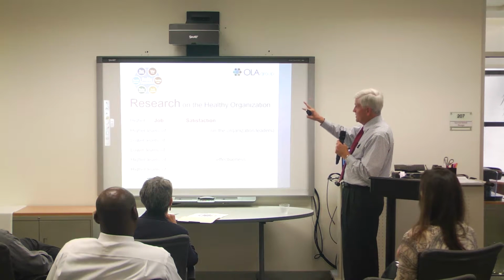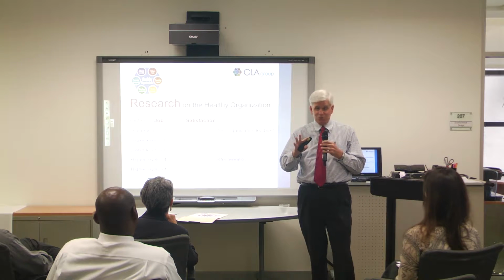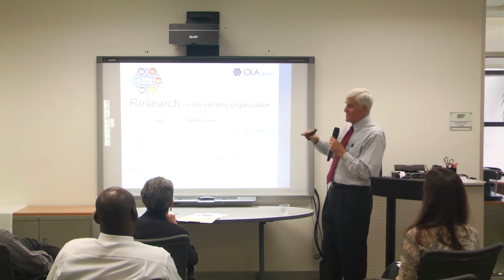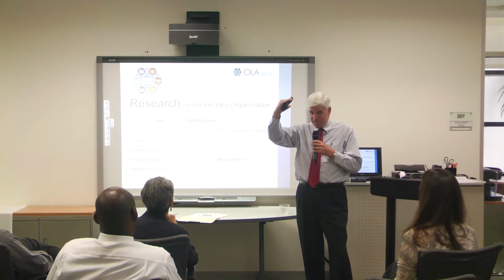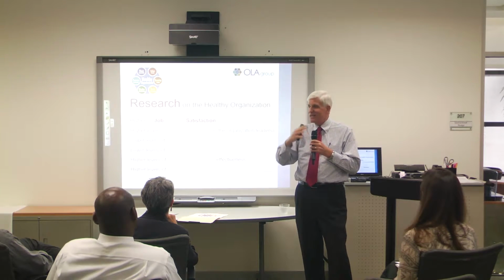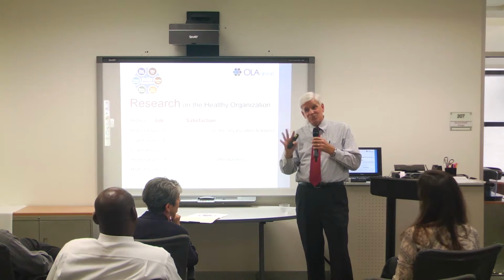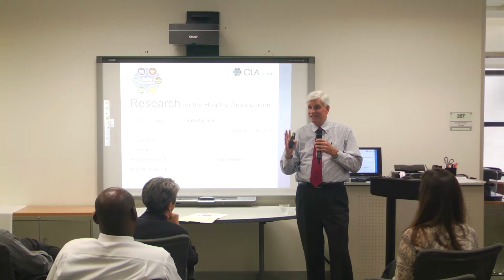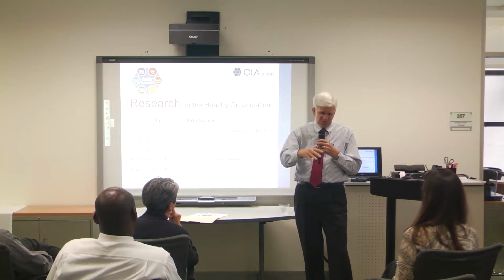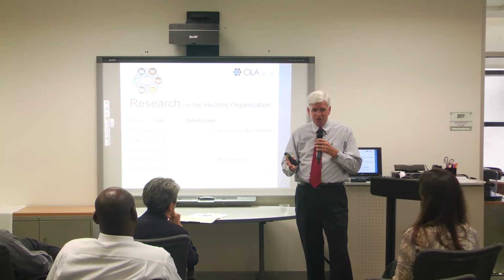Research on the healthy organization that has this model, and the OLA is the measurement tool for that, finds that as the OLA score goes up, so does job satisfaction. And job satisfaction has a lot of connections with productivity and performance in an organization. That's a pretty good indicator, and this has been done in probably 12 to 15 different studies. Healthcare, business, all different types of organizations, religious organizations.